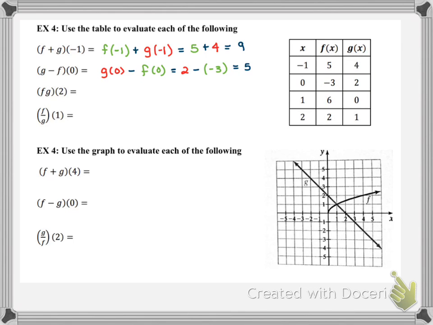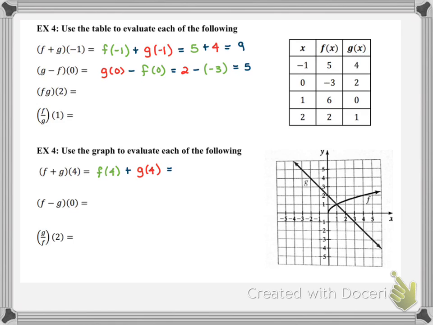So on the graph, it's the same idea. We're just getting those y values from the graph instead of from the table. So if I'm looking for f plus g of 4, then I want f of 4 plus g of 4. So remember, f of 4 is the y-coordinate of the point on the graph of f that has an x-coordinate of 4.